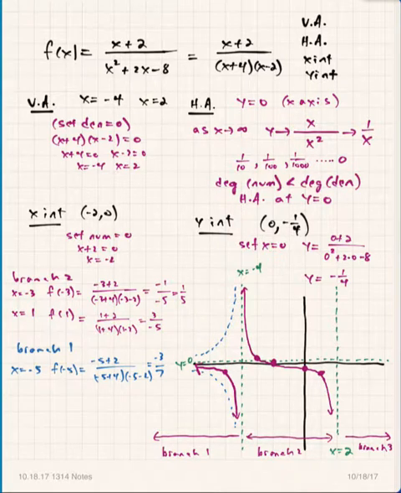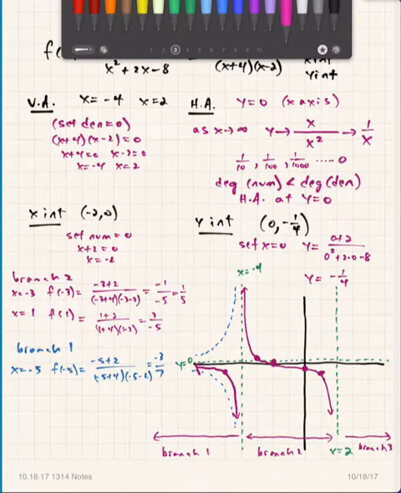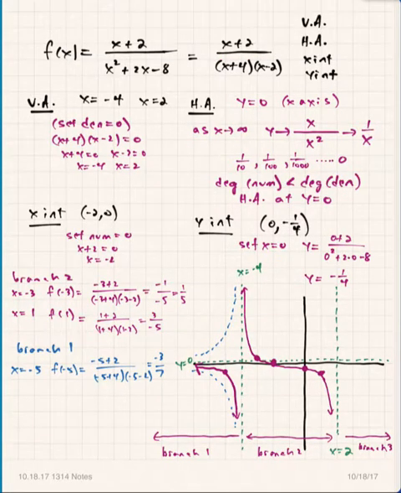And then finally, branch 3. So let's see, trying to put these in a different color so you can pick them out easier. They don't run together. So branch 3, an x value that might be a good one to pick might be x equals 3.